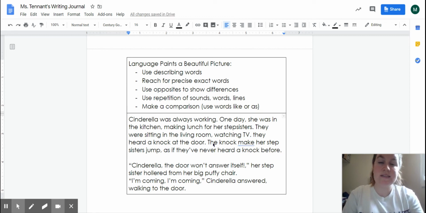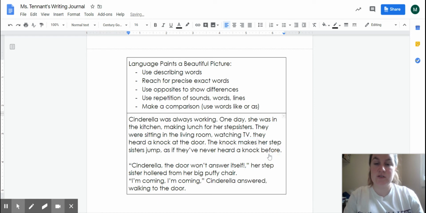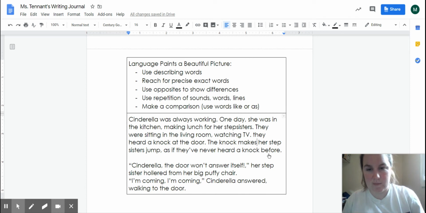Okay, so it's not necessarily an opposite, but I can definitely picture her stepsisters jumping. They're watching TV, they're very relaxed, they're probably almost kind of in a daze because they're maybe watching hours of TV. And just like when you're working really hard and you hear a noise that makes you jump a little, I can picture that in my head.